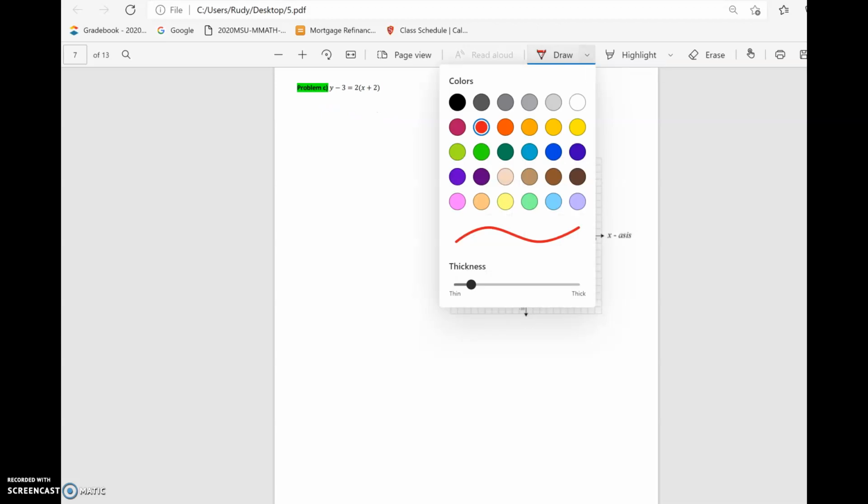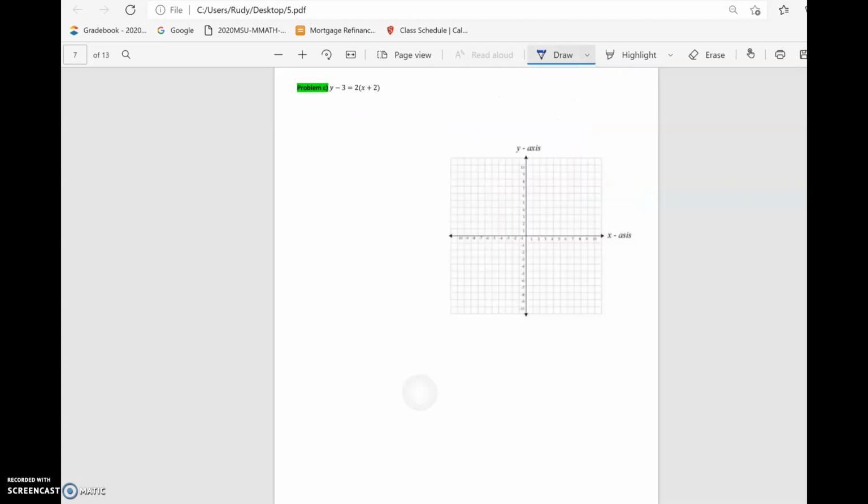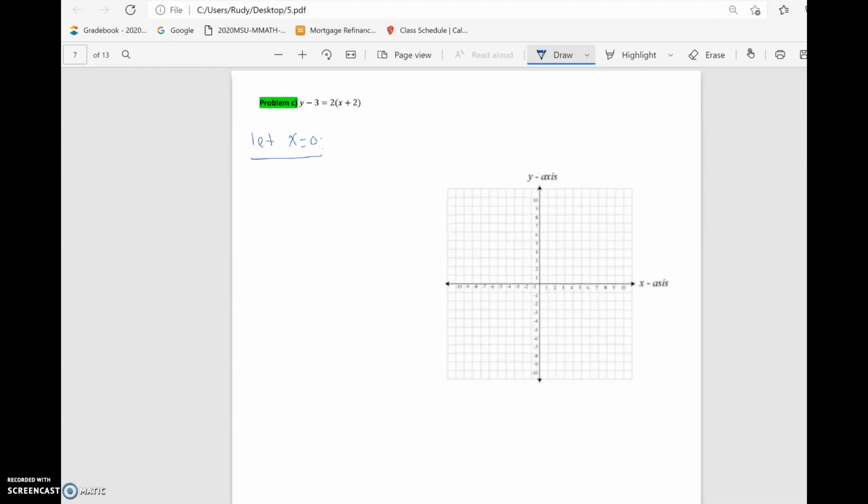We'll pick coordinate points. So let me pick, in this case, x is equal to 0. I'm always picking values that are near the origin, and then also we're avoiding fractions. So in this case, y minus 3 is equal to 2 times x plus 2, and we're going to be plugging in the 0.